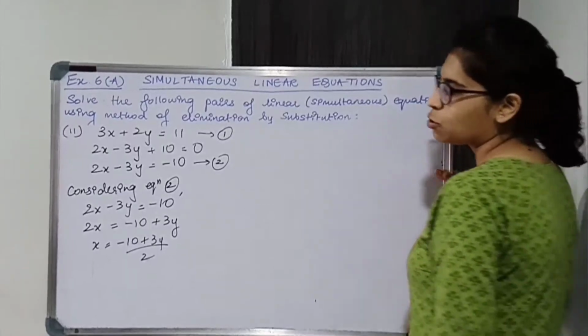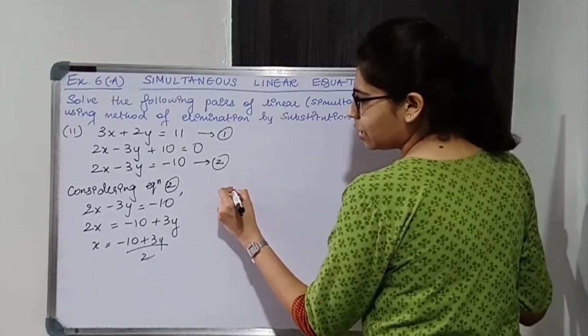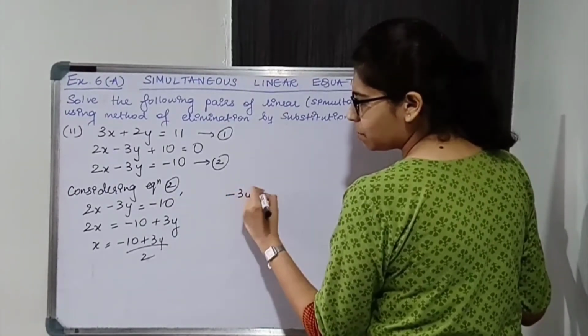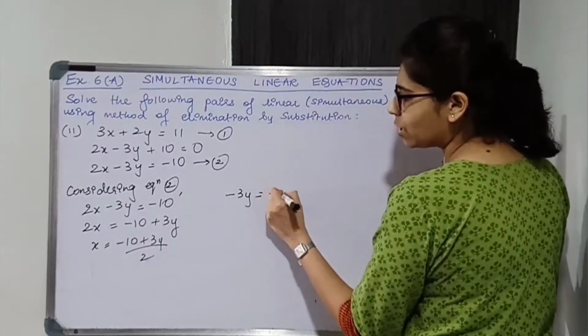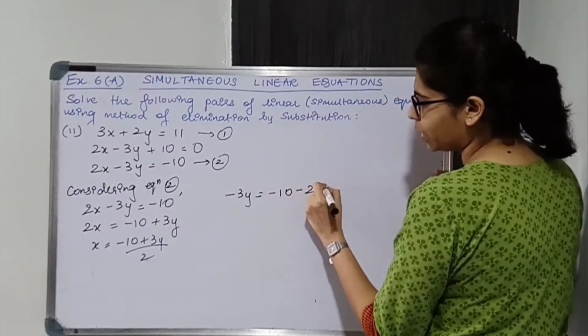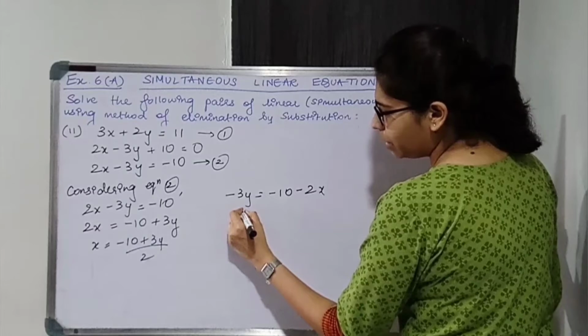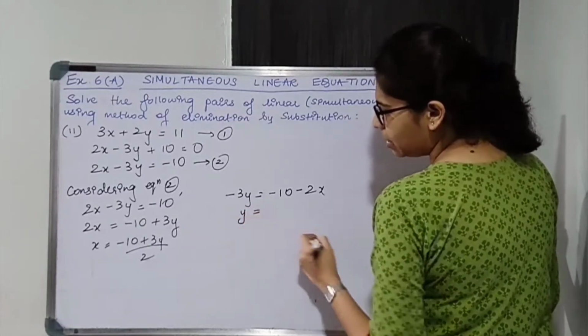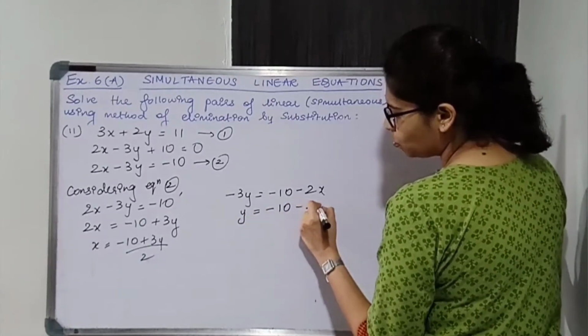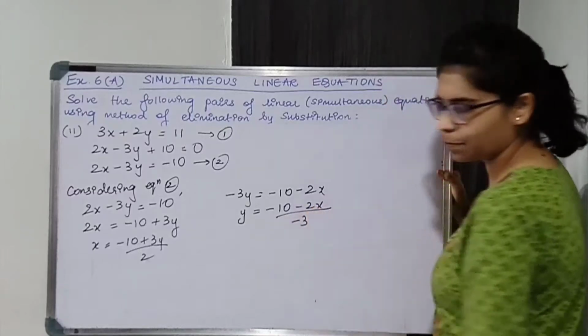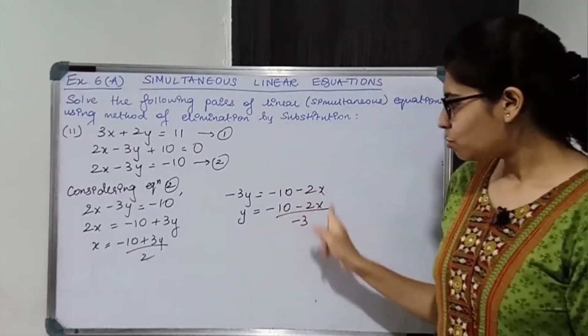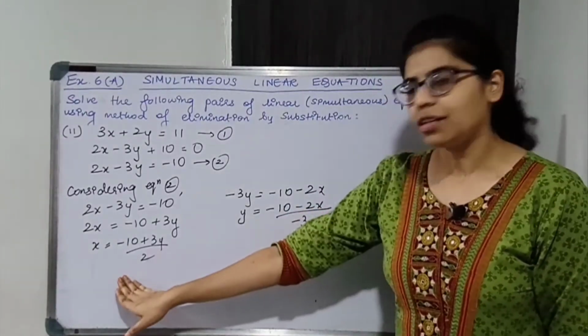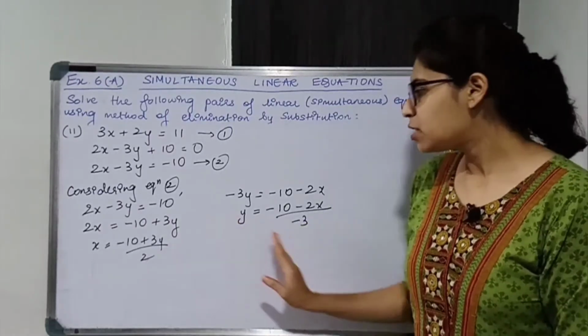So why did I shift? Because if I keep y as it is, तो x को shift किया तो क्या मिल जाएगा? Minus 10 minus 2x. So this will be y is equal to minus 10 minus 2x by minus 3. So this is more confusing rather than this. You can do it this way also.